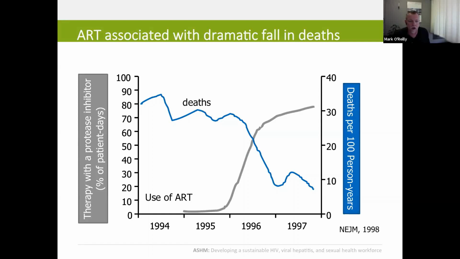And so the grey line shows the significant increase in uptake of protease inhibitor-based therapy over time. And the blue line shows, with increased use of protease inhibitors, the dramatic drop in the death rate associated with HIV, and in particular untreated HIV.